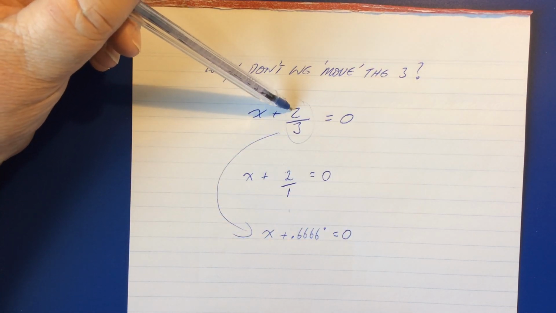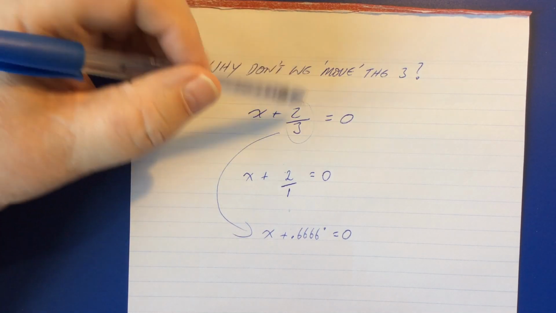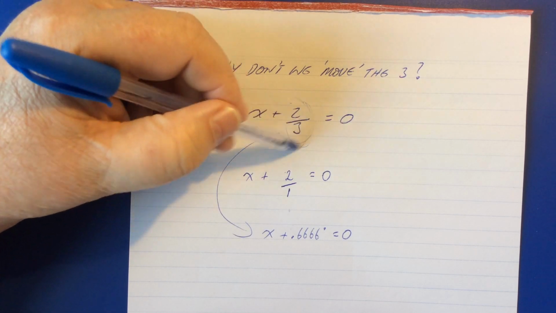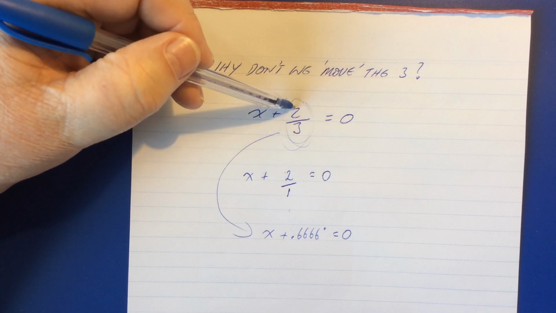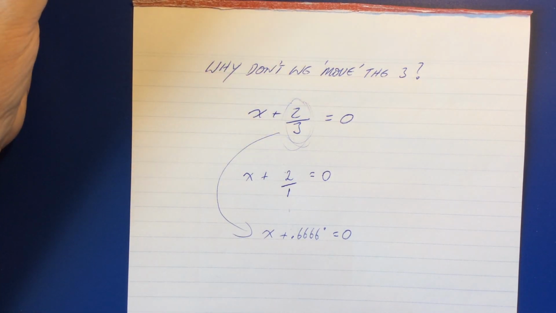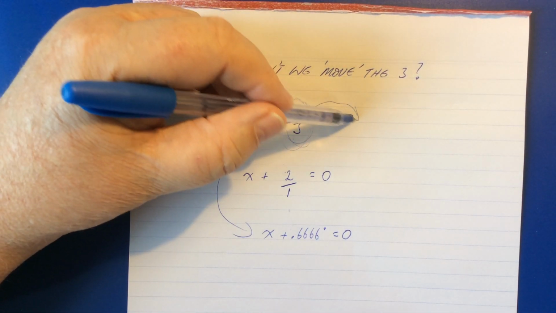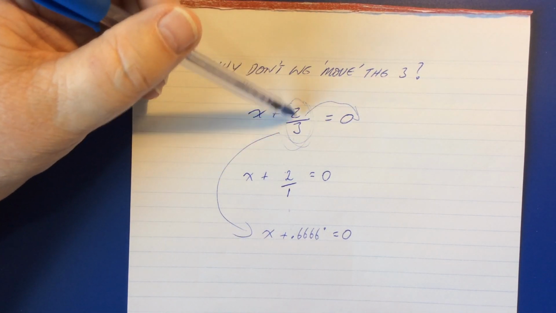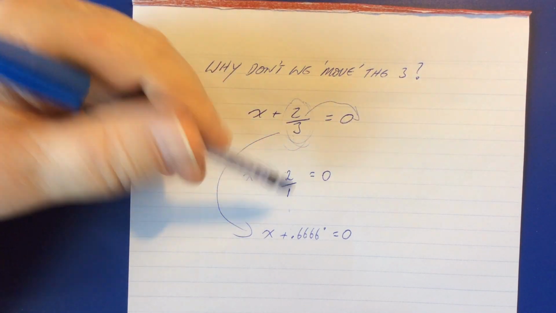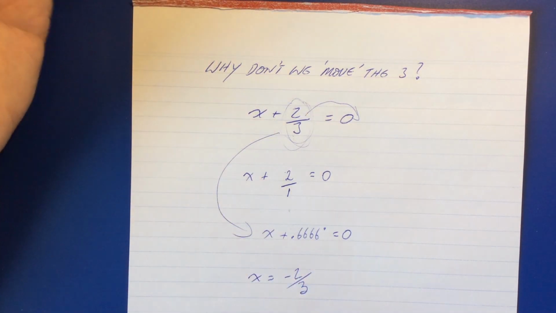Well, isn't that what this is? That would be my question. The general rule is that if you have a fraction in this position, and it's not multiplying something, now that's important, it's not multiplying something, that you can simply just pick it up and move it over here, as I like to express it, or subtract 2/3 from both sides, and the answer is that you get x is equal to -2/3.